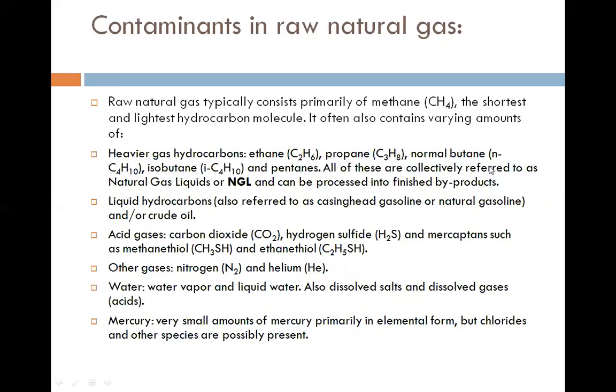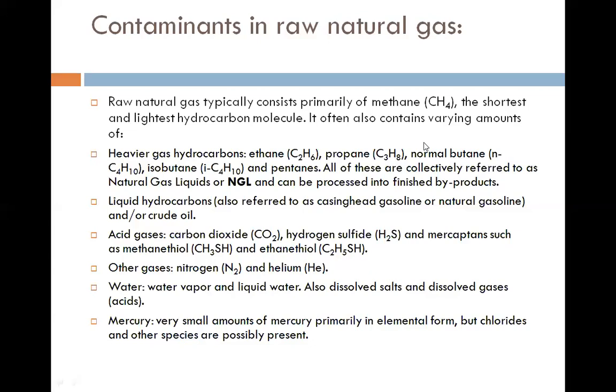All these are collectively referred to as natural gas liquids or NGL, which we obtain as a byproduct in natural gas processing plants. Also, there are liquid hydrocarbons or crude oil, and acid gases such as carbon dioxide, hydrogen sulfide, and mercaptans, etc. Other gases are nitrogen and helium, in which we do helium recovery at the end step of our plant because helium is an inert gas.